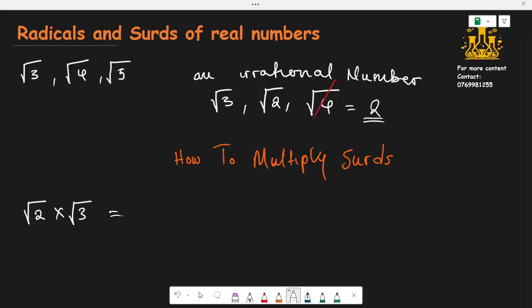This can be simplified to root 2 times 3, where we have 2 and 3 inside one root. It's the same thing. And it can be further simplified to root 6.